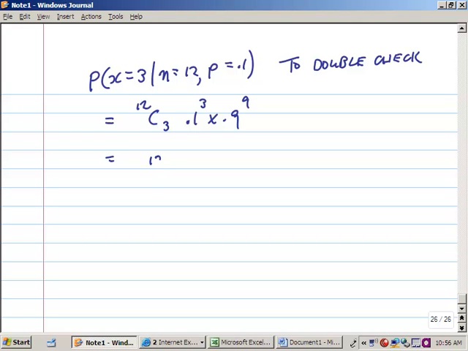And so 12 choose 3 is 12 factorial over 3 factorial times 9 factorial. The biggest number on the bottom line is the 9 factorial, so we leave that alone.